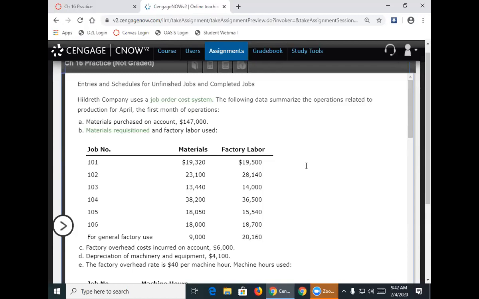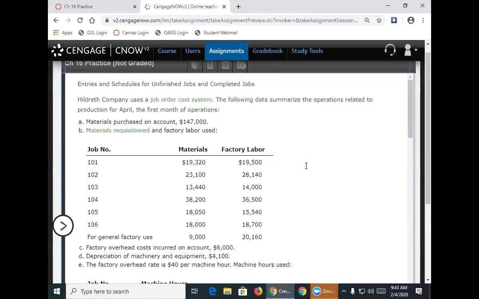Any actual overheads get debited to the factory overhead. So we have an indirect material charge of $9,000. Wait, where did we get the $9,000 from? Right here, for general factory use materials, yeah. Okay. So all total, we had 139,110 used in materials, right?